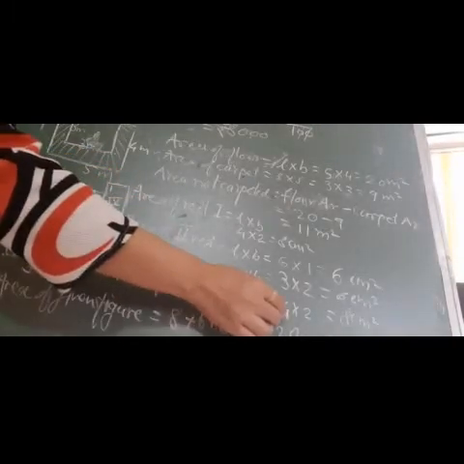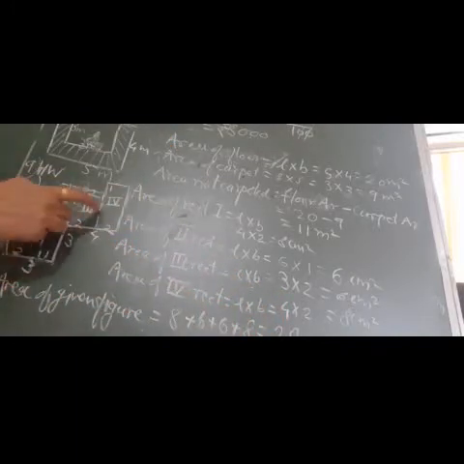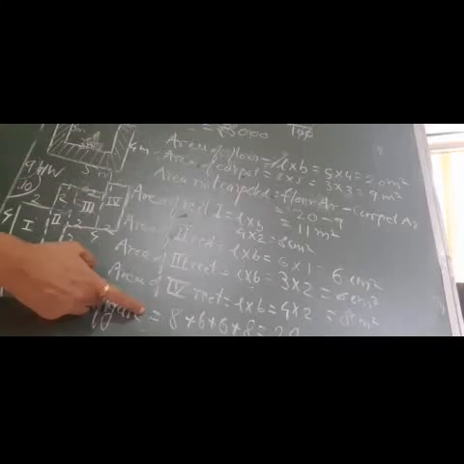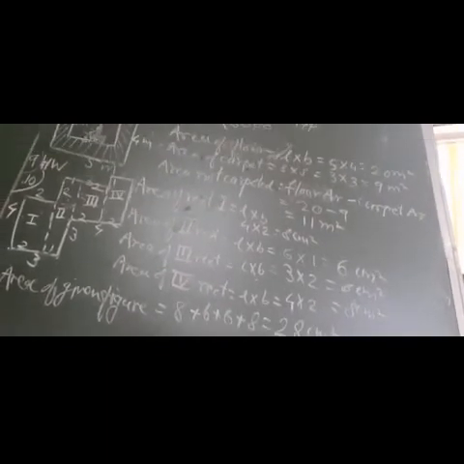After finding the area of all these 4 rectangles, we have to add them so that we get the area of the figure. So the area of the figure is 8 plus 6 plus 6 plus 8, which is equal to 28 centimeters square.